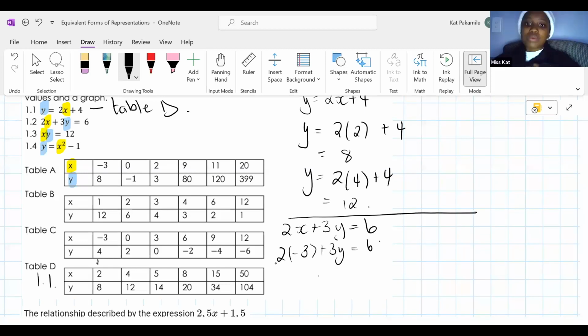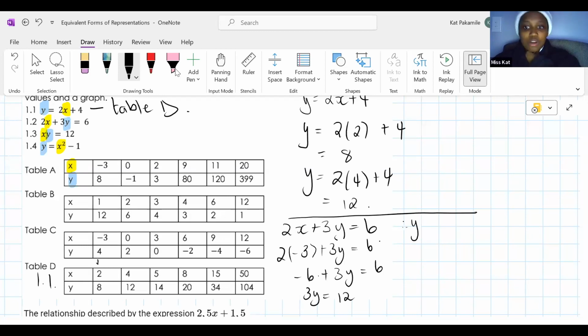You multiply first, 2 times -3 is -6, plus 3y equals 6. Then you transpose, and 3y is 6 plus 6, which is 12. 3y is 12, and my final answer is 4.